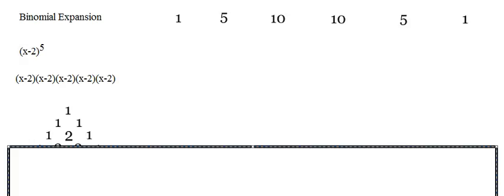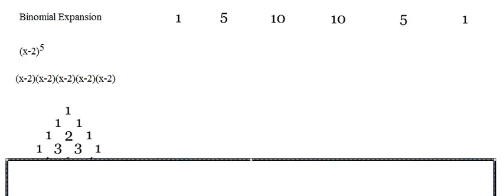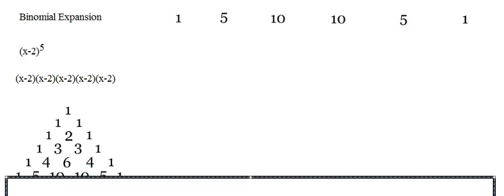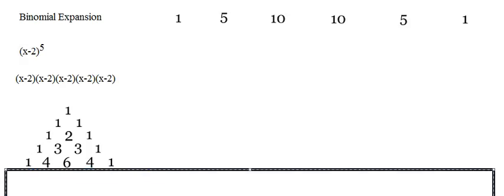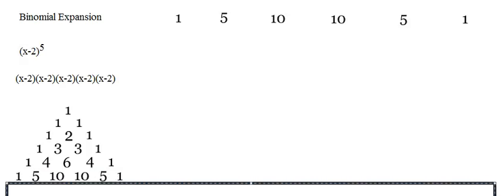So my next line, I'm going to have a 1 on each of the outsides, and then 1 plus 2 is 3, 2 plus 1 is 3. My next line will be a 1 on the outsides, 1 plus 3 is 4, 3 plus 3 is 6, 3 plus 1 is 4. Okay, 1 and 4 is 5, 4 and 6 is 10, 6 and 4 is 10, 4 and 1 is 5. So you see this pattern is going to continue.